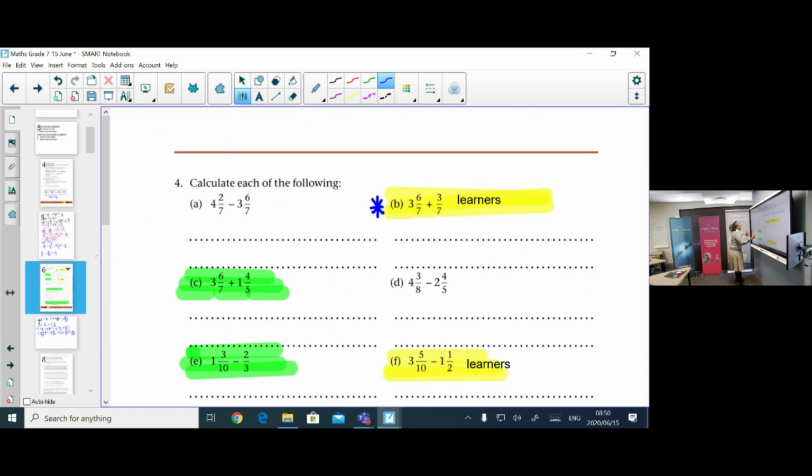So with this one, we added the 2, which is a 4, and then we added the fractions separately by looking for the LCM.